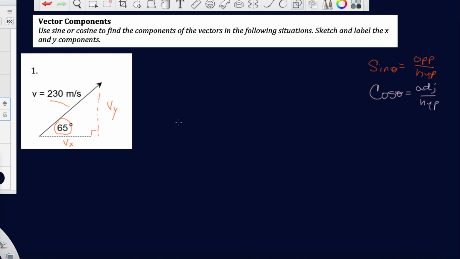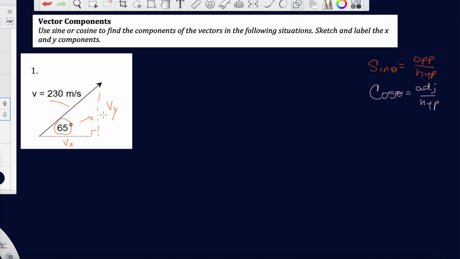And what we don't use when we're breaking this up into components is tangent. Let's go back and let's use this sine idea.